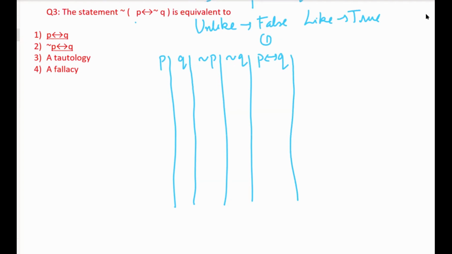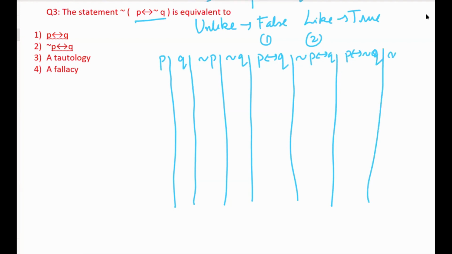Next is negation P if and only if Q, because this is my second. First I make this within-bracket part, one column of this, and then the last column is of the question.